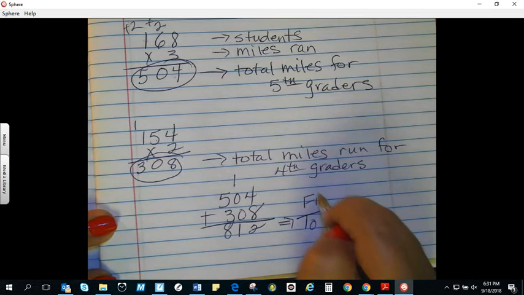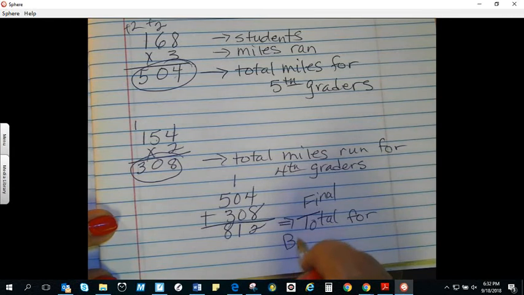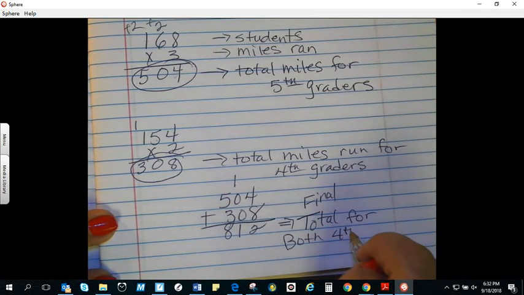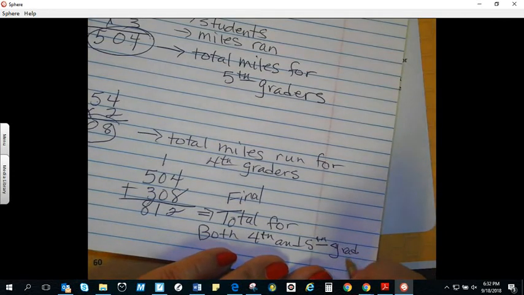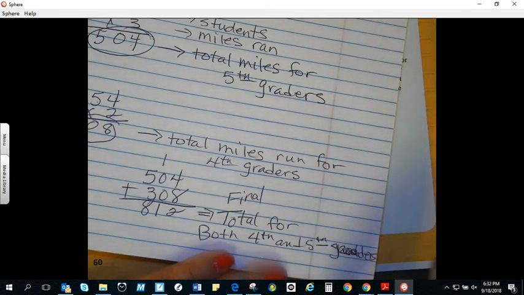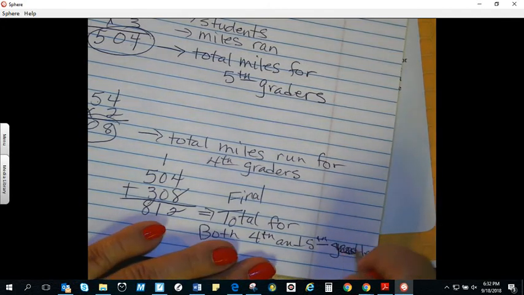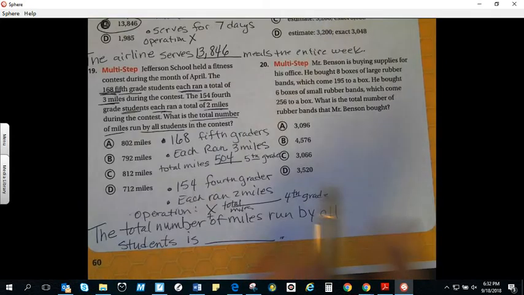I'll put final total for both 4th and 5th graders. Oops. Graders. Kind of looks a little weird, doesn't it? Okay, y'all got the gist of it. Okay? And so now I'm going to look over to my answer key, and there's my answer.